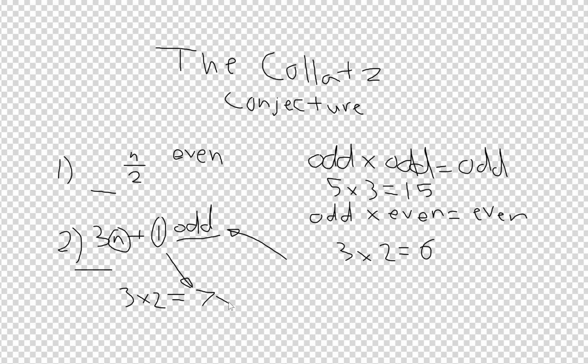7 times 3 is 21, plus 1 would be equal to 22.